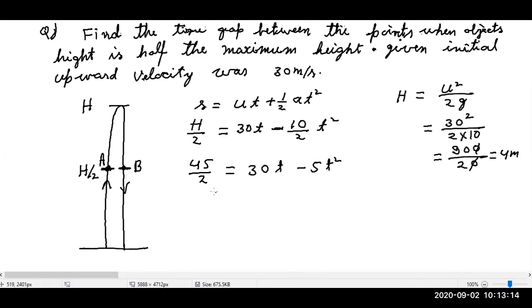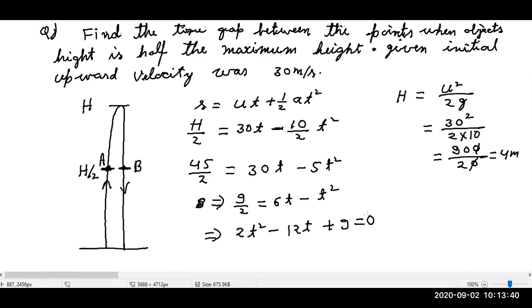So if we solve it, if we take the 5 common, we will have 9 by 2 equal to 6t minus t square, or if you multiply it with 2, we will have 2t square minus 12t plus 9.